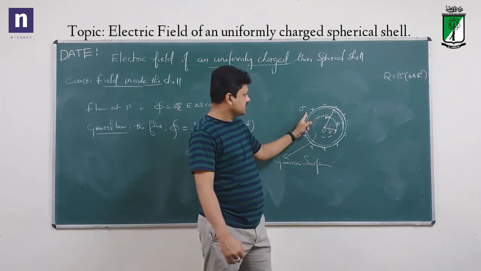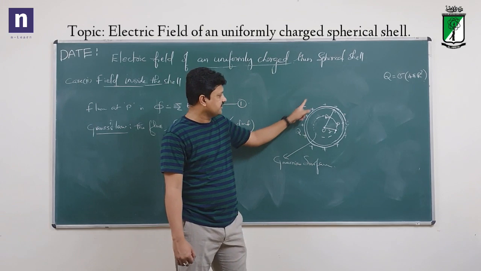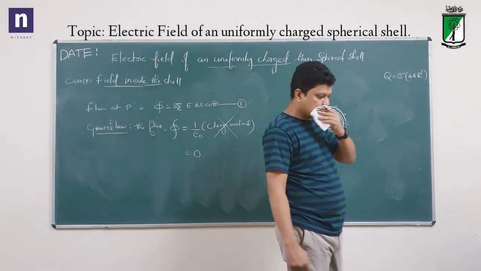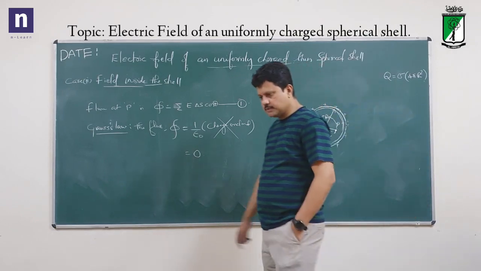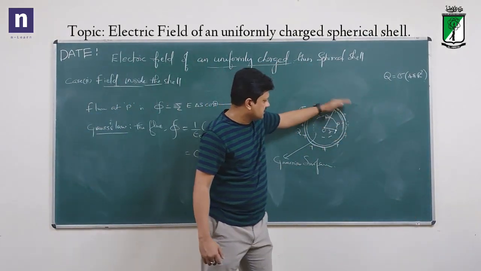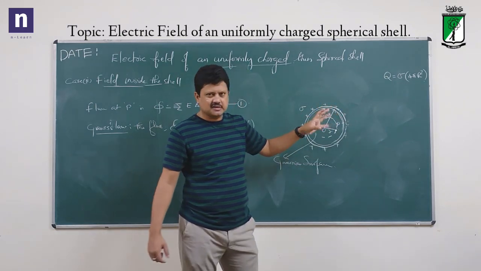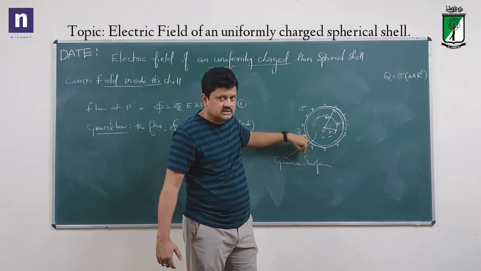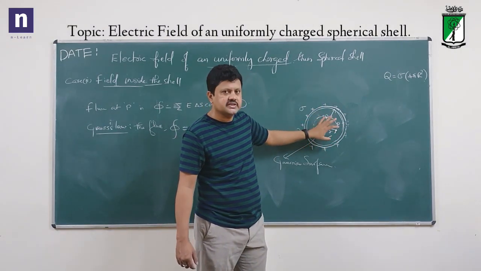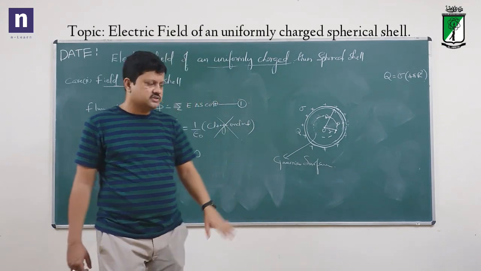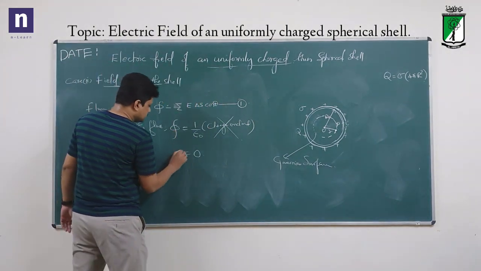Actually, the charge is residing on the spherical shell, not inside the shell. I already told you it is a thin spherical shell, which means it is hollow inside with a charged surface, like a football. So charges reside on the surface, not inside the surface. Therefore, within this imaginary surface, the total charge is 0. So flux is equal to 0.